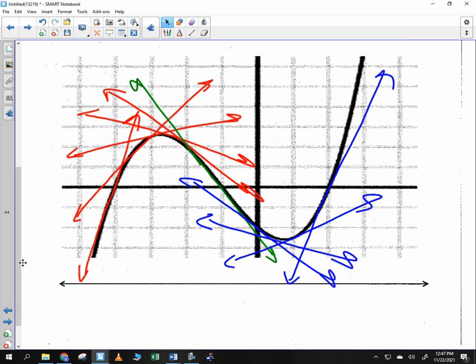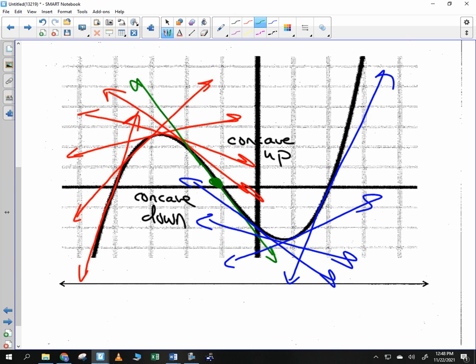That's the difference between the first derivative and the second derivative. So we would call this concave down. We would call this concave up. And then the point at which it switches concavity, we call the point of inflection.